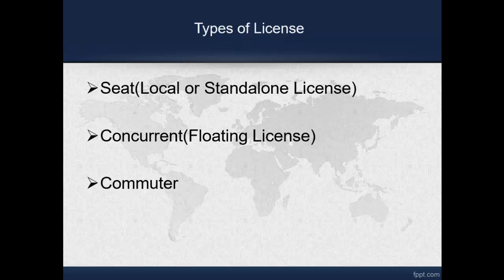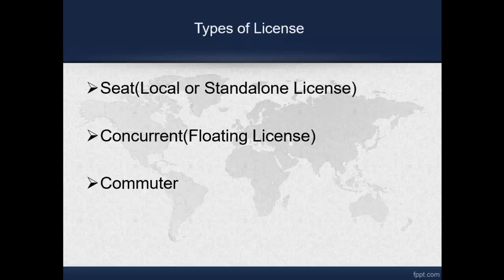For example, let's say your company has purchased 30 concurrent licenses of UFT. All the 30 licenses would be assigned to the license server. Now at any point of time, a maximum of 30 people in the local network of your company can work on UFT.